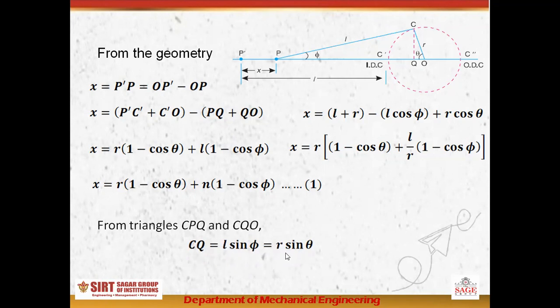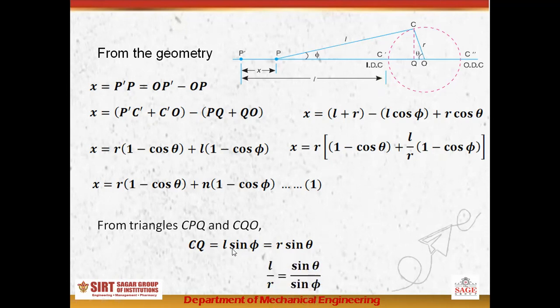L sin phi equals R sin theta. You can see in this right angle triangle CPQ, with C, P and Q, the value of CQ is L sin phi, and from the other triangle it is R sin theta.